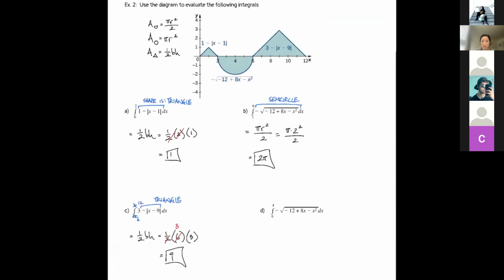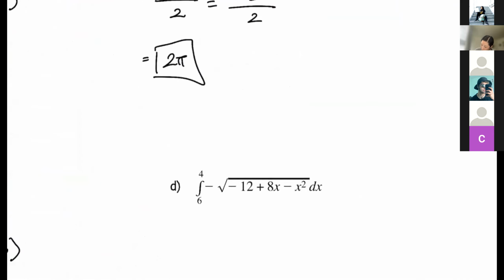Okay. So in looking at D, here are a few things. We are starting at 6. And we are going from 6 to 4. Okay.